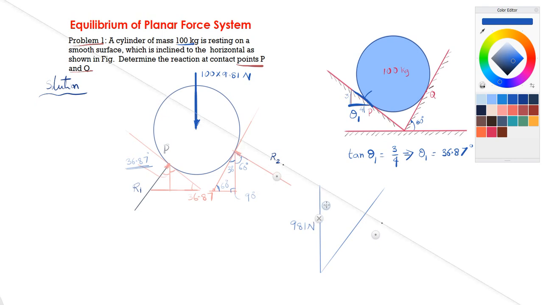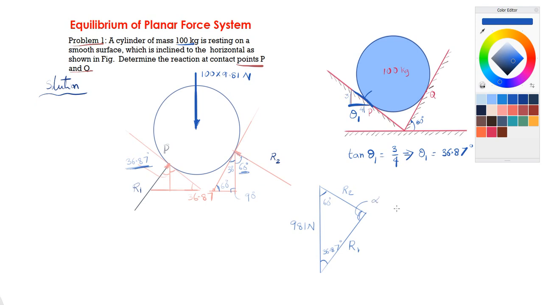Now from the other end of this weight, we are drawing this. Now we can see that this is R1 and this is R2. Now let's try to write the angles here. As we know, R1 is making an angle of 36.87 with the vertical, so that means this angle is 36.87 degrees, and the angle between R2 and the vertical is 60 degrees, so this is 60, and let's call the angle between R1 and R2 as some alpha.